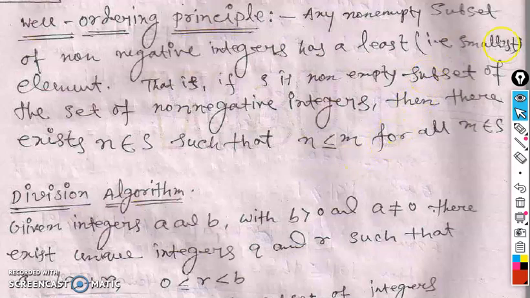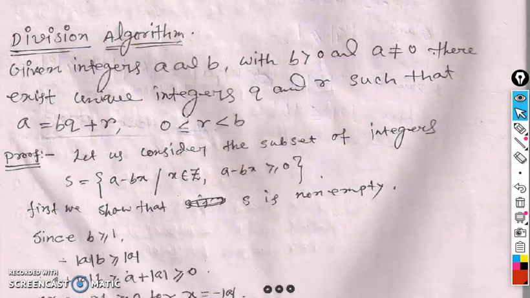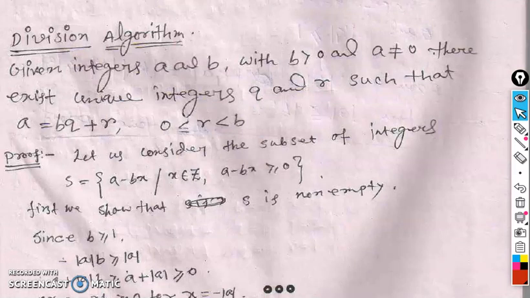So the next theorem is the division algorithm. I remember in a class with you, probably section A, I asked for some division algorithm concepts, and most of the students, not all, gave the wrong answer.